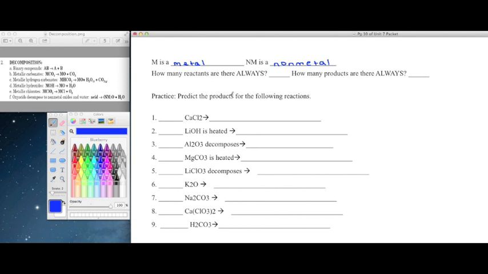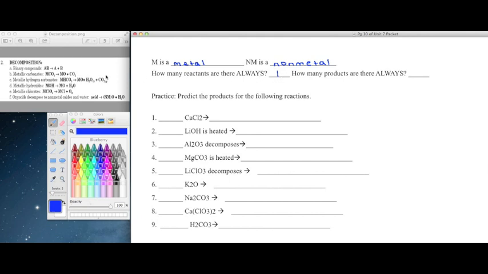Well, what you can do is look at how many reactants you have. With synthesis, you had two reactants. You had two elements. While for decomposition, if you notice, you always just have one reactant. So in decomposition reactions, you're always just going to have one reactant.